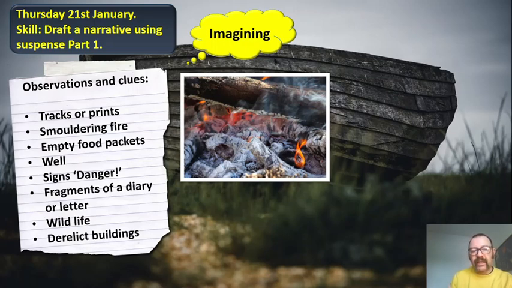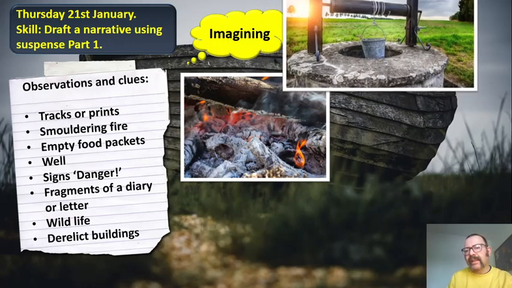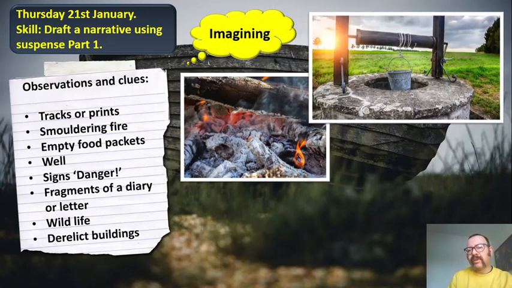Okay, so you could have things like empty food packets. We know that Zoe is hungry, so that's a sign that there is food to be had on this island. The other thing she was really in need of was fresh water.